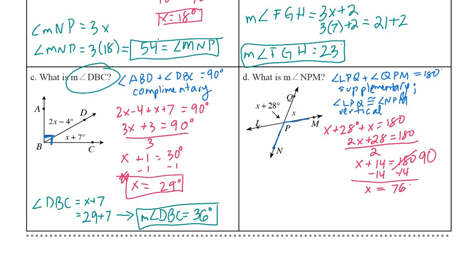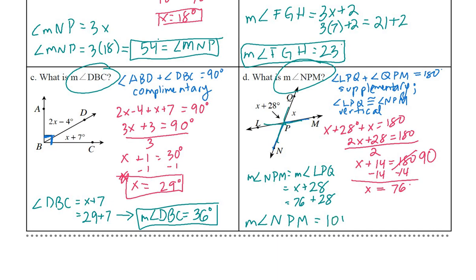Last but not least, I'm asked for the measure of angle NPM. The measure of angle NPM is equal to the measure of angle LPQ because they're vertical. Therefore, it's equal to x plus 28, which is 76 plus 28, which is 104. So the measure of angle NPM comes in at 104 degrees. Done.